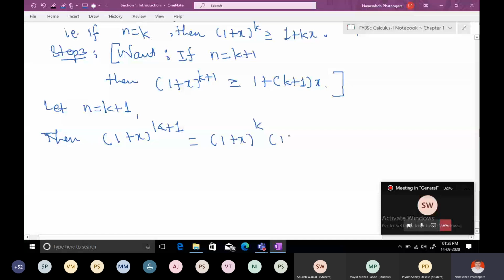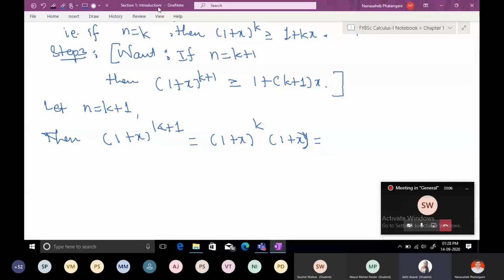Certainly I can split the exponent k plus 1 in this way into two brackets. Is it possible? Yes, certainly it is possible. Okay, fine. How to use the induction hypothesis now at this stage?